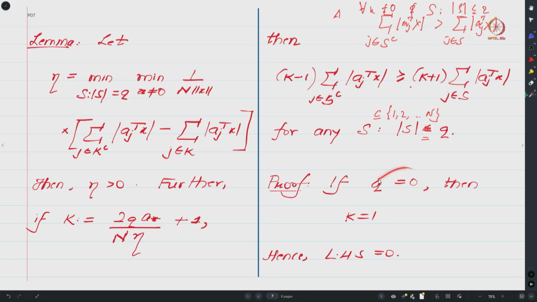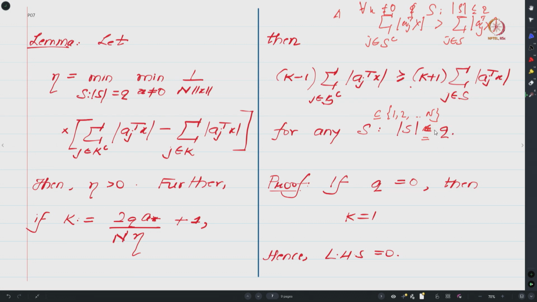If q is 0, which means there are no adversaries, then k is equal to 1. Only in the case where q is 0 is k equal to 1, and for any positive number of integers k will be strictly bigger than 1. So when q is 0, this left hand side is 0 because k is 1. Now let us see what happens on the right hand side.